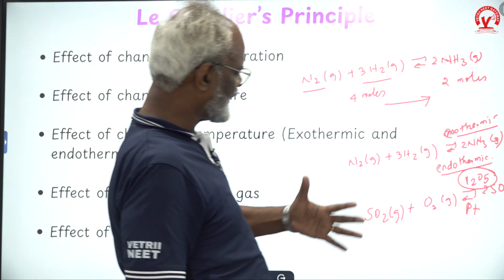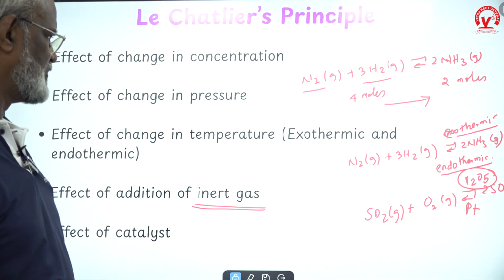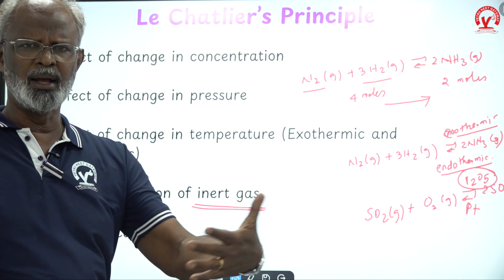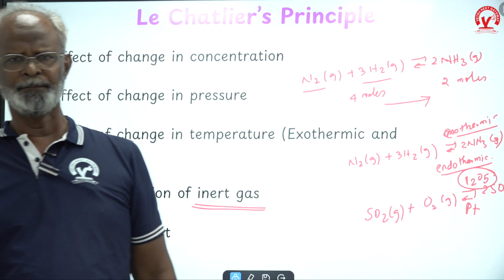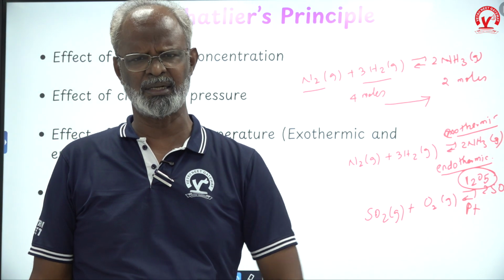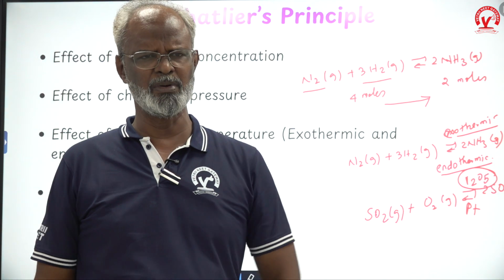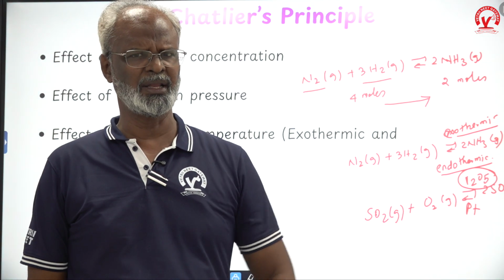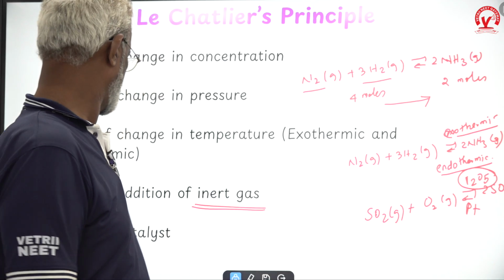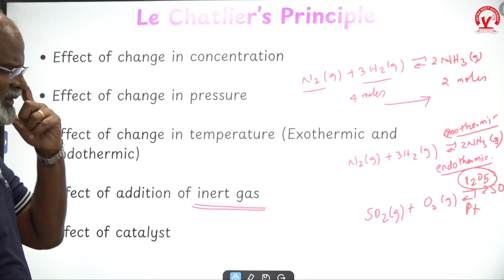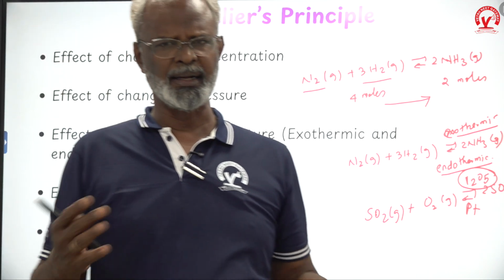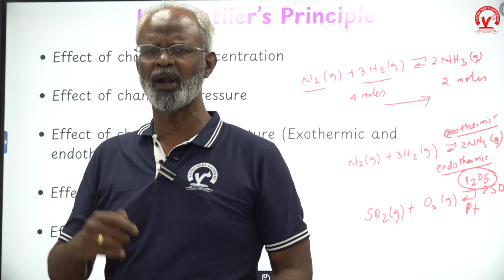So the role of a catalyst in equilibrium systems is to enhance the speed of the reaction, so the equilibrium state is attained faster. For that only we are using a catalyst, but again it does not affect the equilibrium constant or the equilibrium state. This is how, by manipulating the conditions, we can increase the product yield.